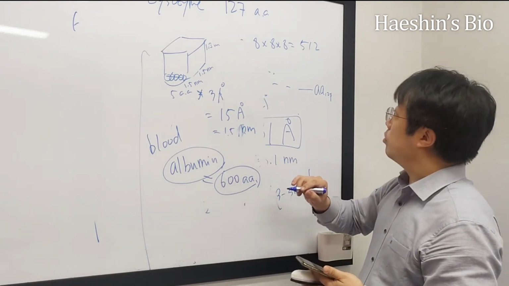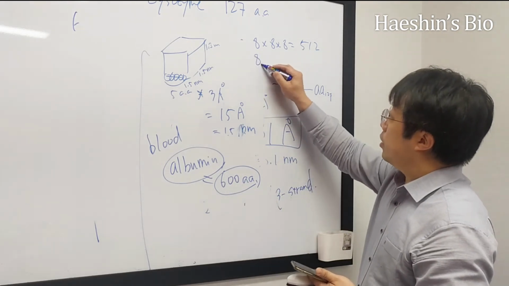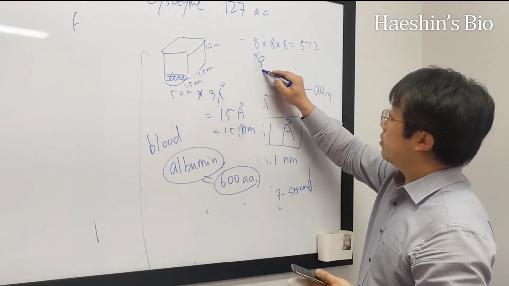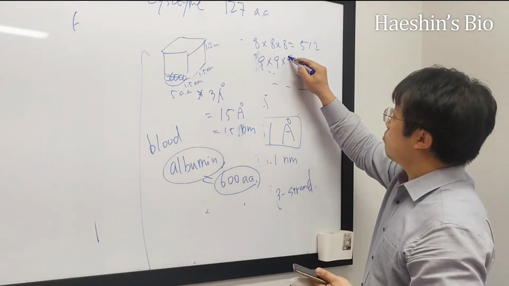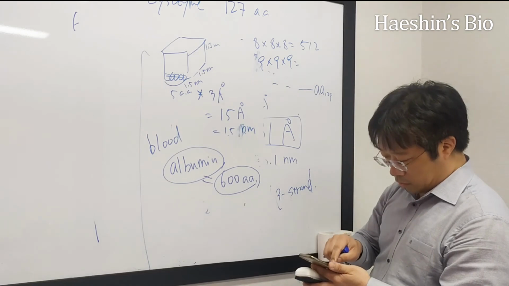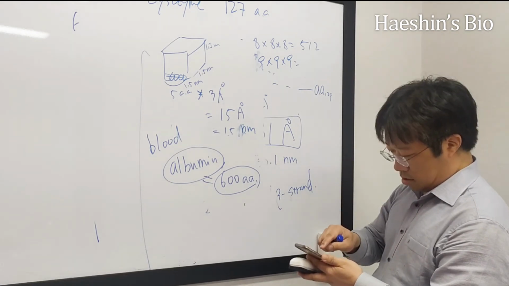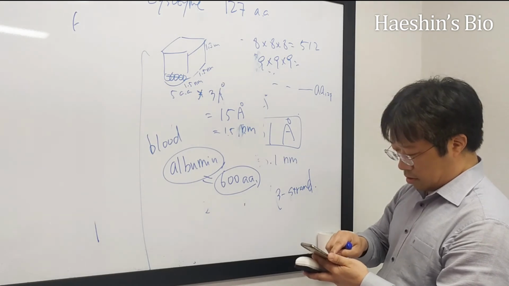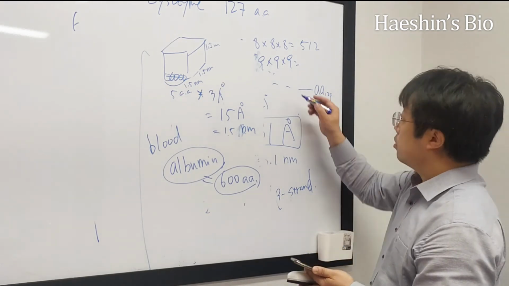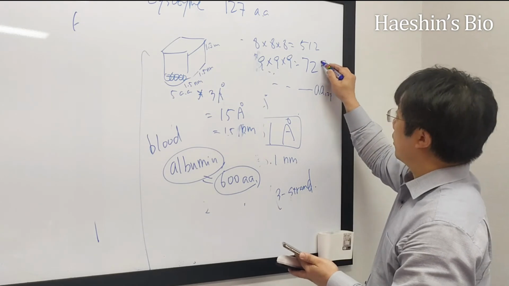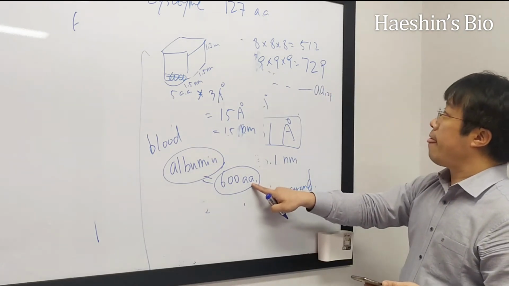I will do maybe 9 times 9 times 9, which is 729. So it's in between.